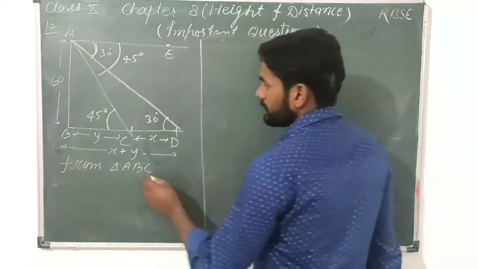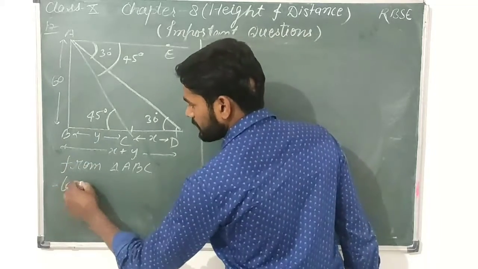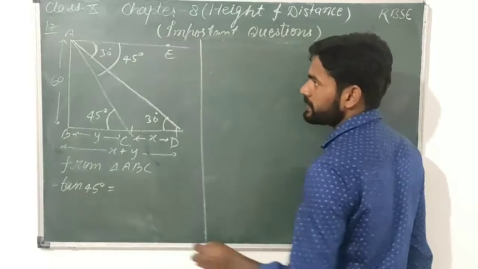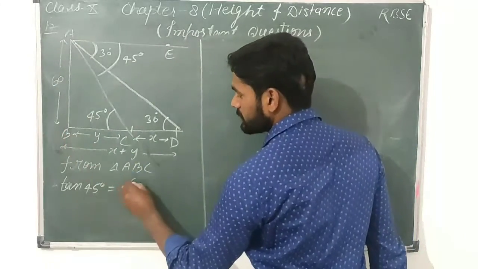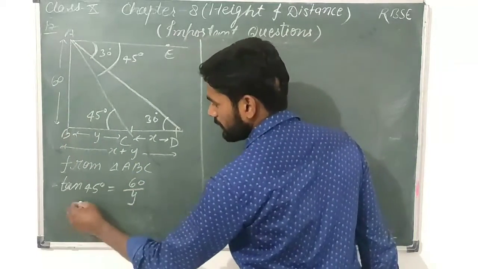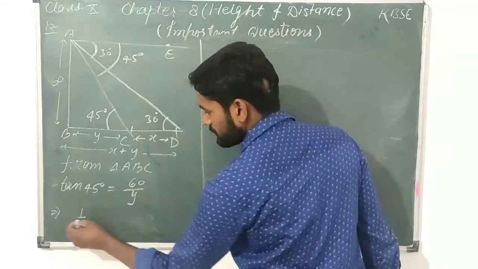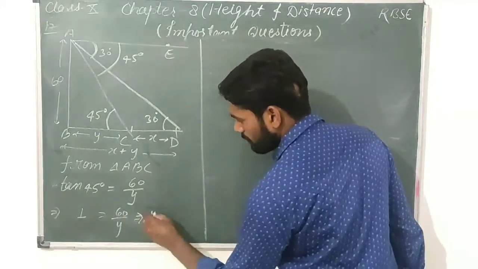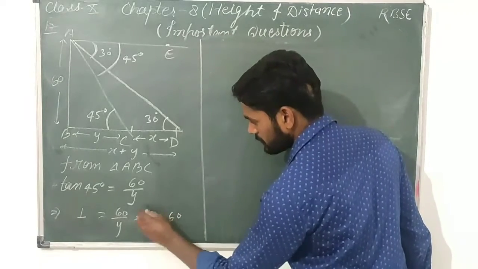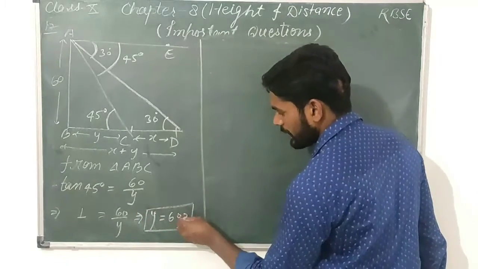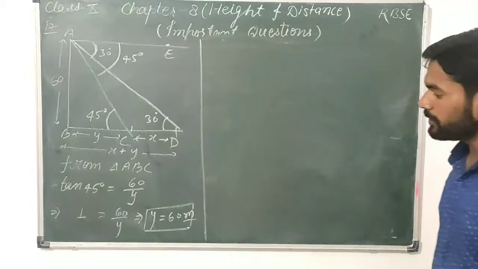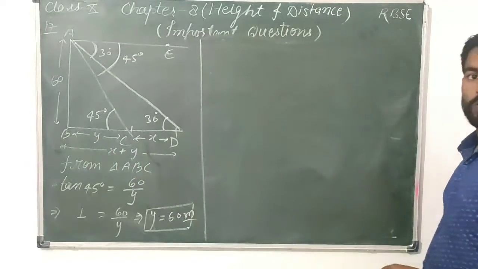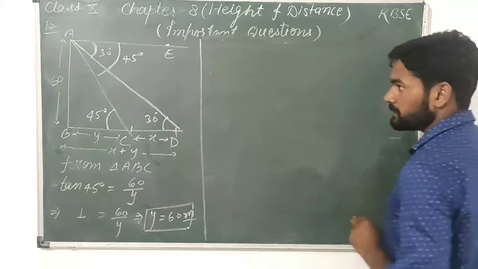From triangle ABC, tan 45 degree. Tan theta is equal to perpendicular 60 upon base y. Tan 45 we know is 1, equal to 60 upon y. Finally y is equal to 60, and this is the distance, so we can use the unit also. We got this distance as 60 meter.